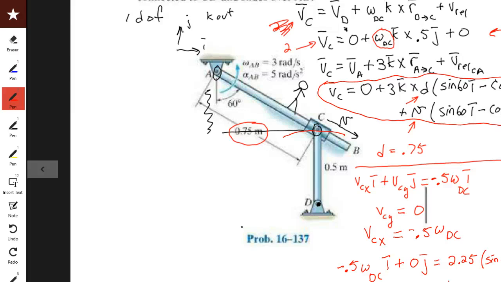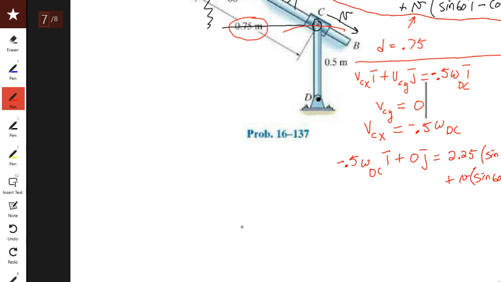Plus little v sine 60 i minus cosine 60 j. Alright, so let's pull off the i's and the j's. So over here I've got a minus 0.5 omega dc equals, okay, over here on the right I have 2.25 sine of 60.